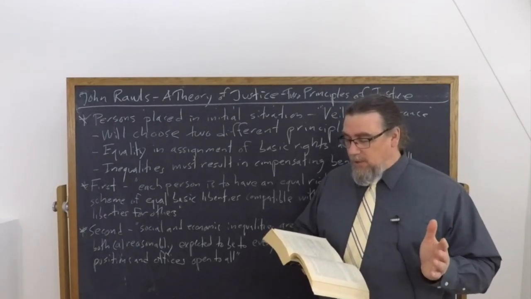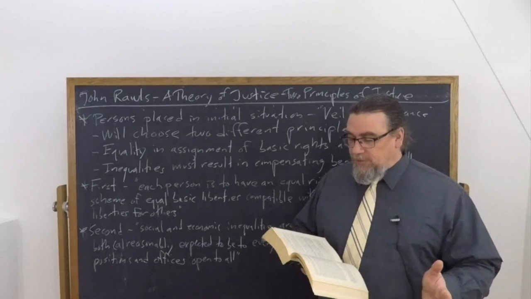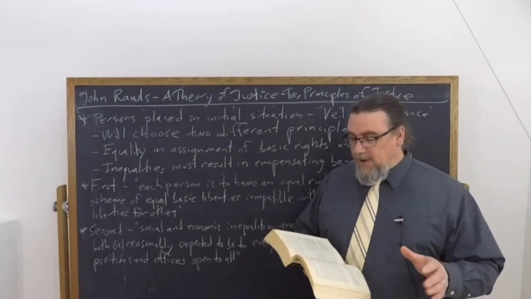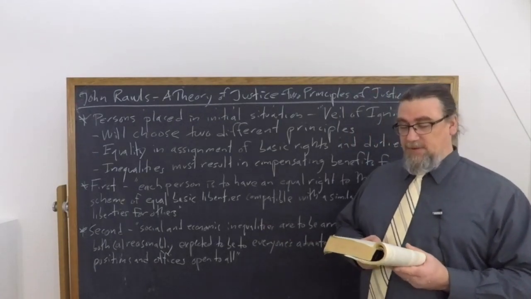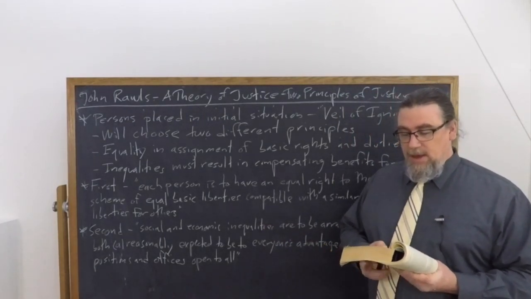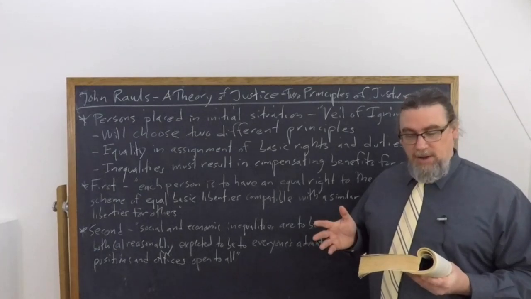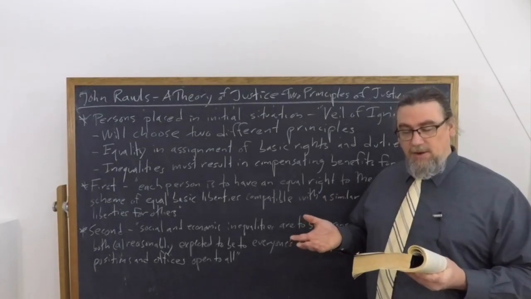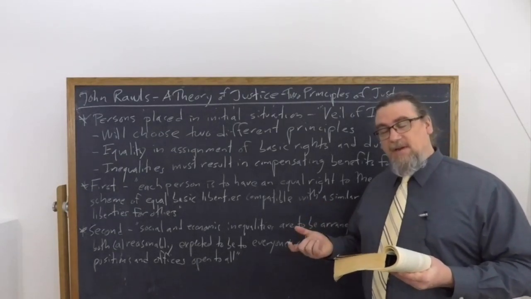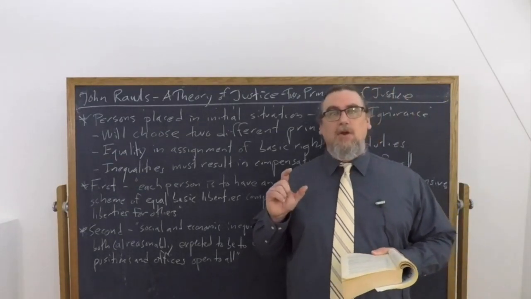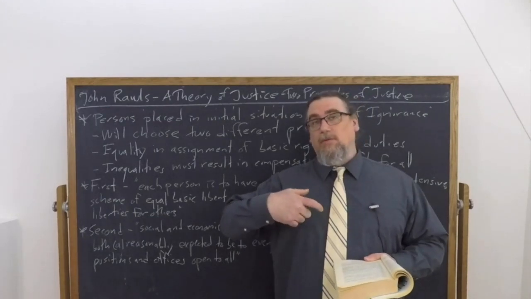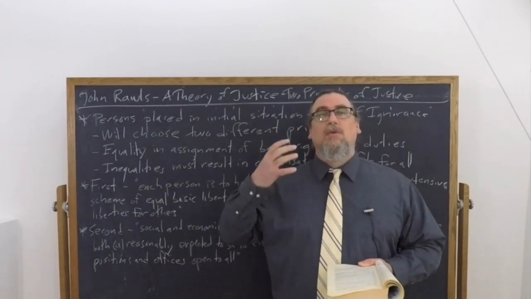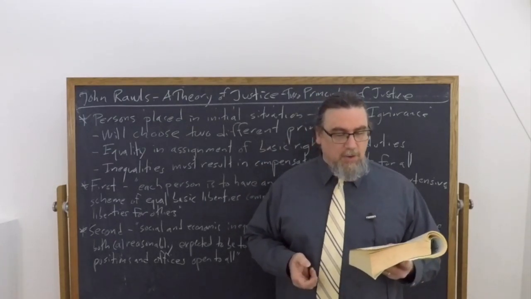In talking about the first principle, he says that the basic liberties can be given by a list of these sorts of liberties. These include political liberty, the right to vote and hold public office, freedom of speech and assembly, liberty of conscience, that is to say, saying no to things or doing things because you have formulated that it's the right thing to do.